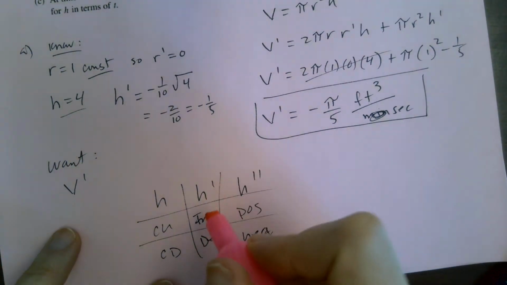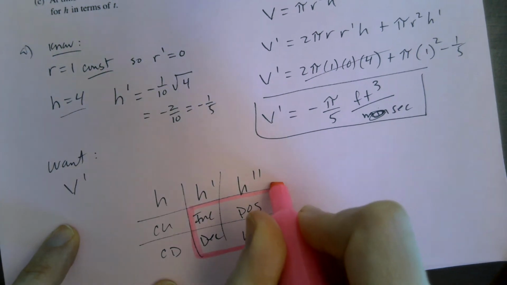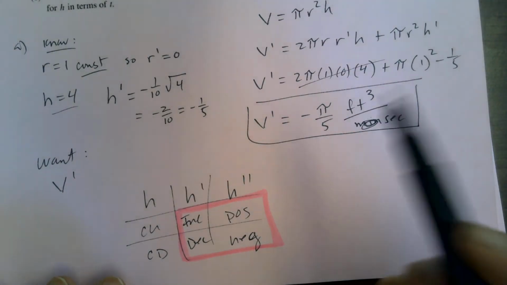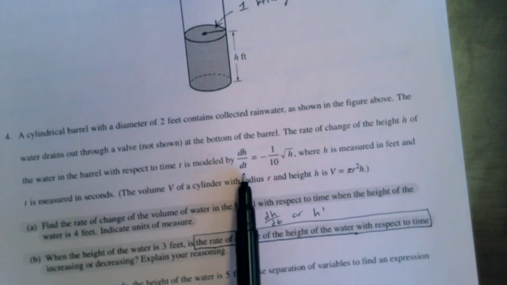This is the part of Susan's table that we care about. We've already got H prime right here. We need to find H double prime.